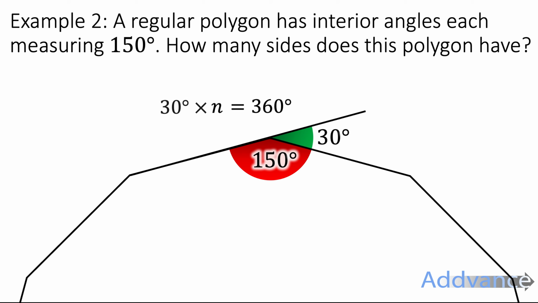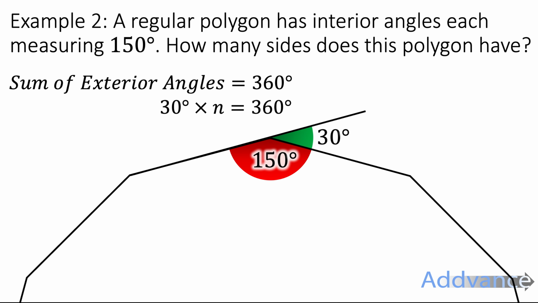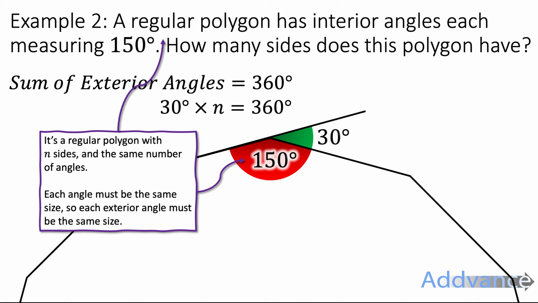And the number of exterior angles is n, the number of angles and the number of sides. So 30 degrees times n is 360. We can use the fact that it is a regular polygon, and therefore each exterior angle is the same. The word regular means that each interior angle and each exterior angle is exactly the same.